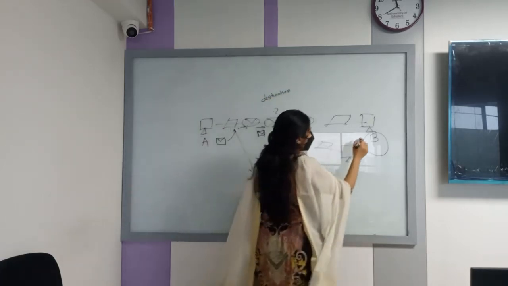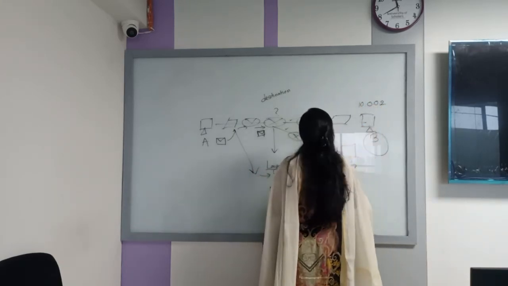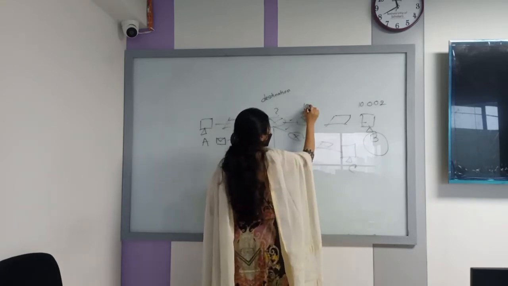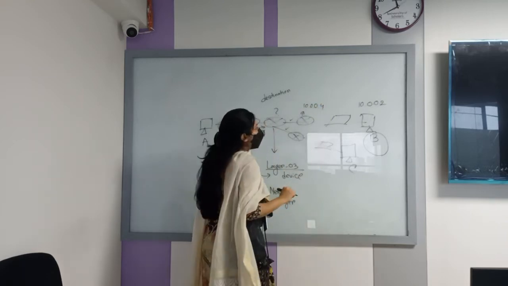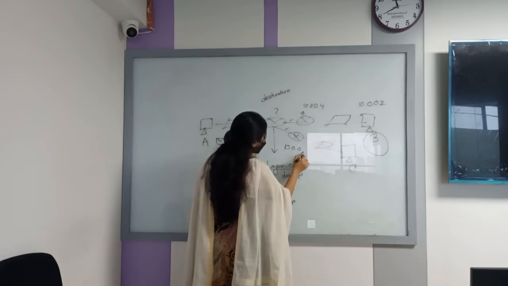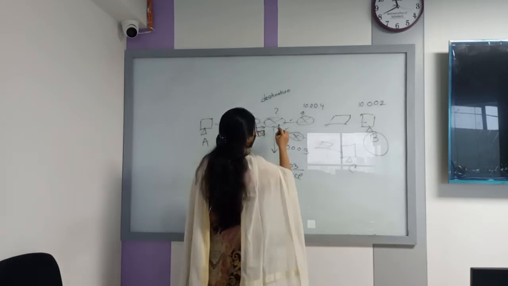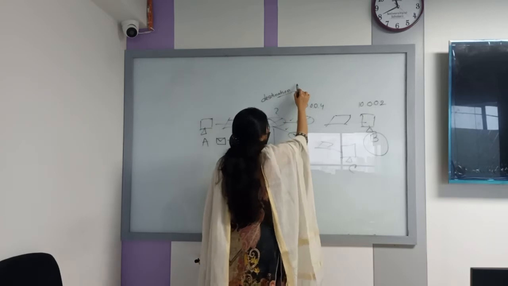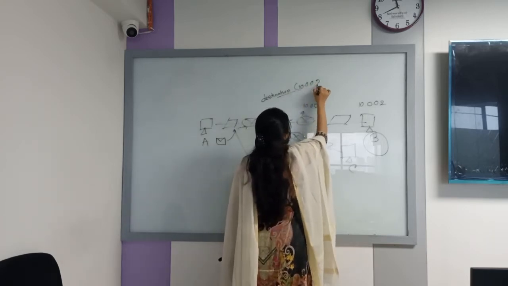Suppose the destination's IP address is 10.0.0.2, and the IP address of this router is 10.0.0.4, and if this one is 10.0.0.3, now this router will decide based on the destination that is written on the packet, that is 10.0.0.2.